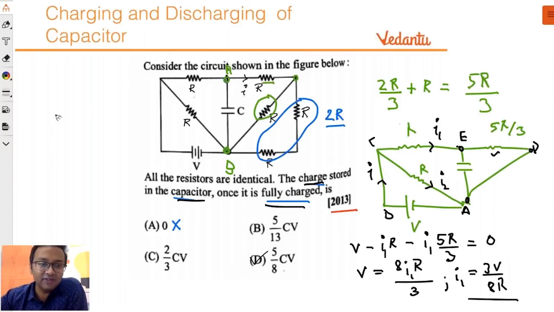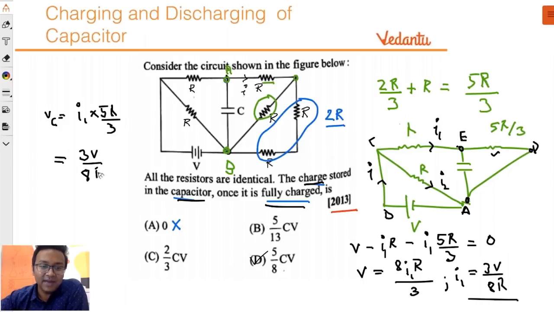Then the potential difference across the capacitor will also be the same. That is going to be I1 into 5R upon 3. Then what is my I1 here? It is nothing but 3V by 8R. Clear? You multiply it with 5R by 3.